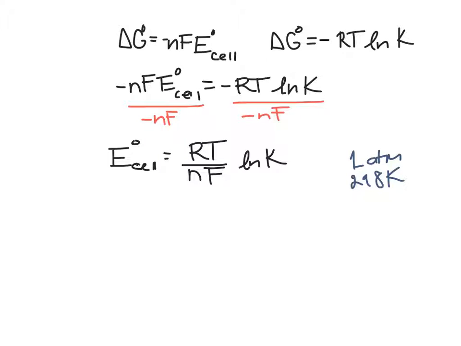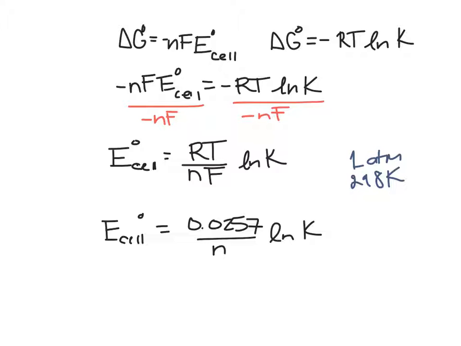In those cases, you can use a shortcut equation where the cell potential is equal to 0.0257 divided by the number of moles of electrons transferred times the natural log of the equilibrium constant. I personally like to remember this first one just in case the temperatures are weird. And that's pretty much all that you need to know to be able to conquer problems that involve a crossover between electrochemistry, thermodynamics, and equilibrium.